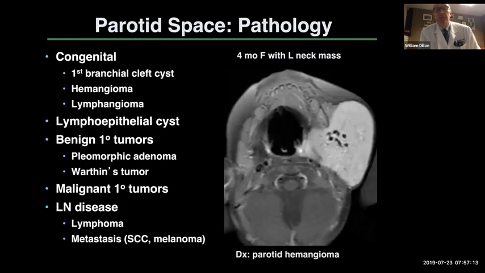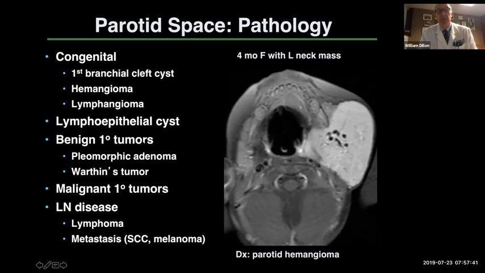Now, what kind of pathology do we see in the parotid space? We see in children, one of the most common sites of tumors is the parotid gland, and this is a benign lesion, very large. It looks like just a gigantic parotid gland, and this is a hemangioma, the most common tumor of this area in children. But one can also see, as I mentioned, lymphoepithelial cysts.